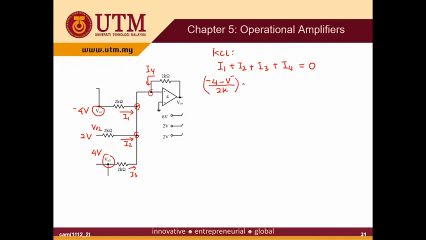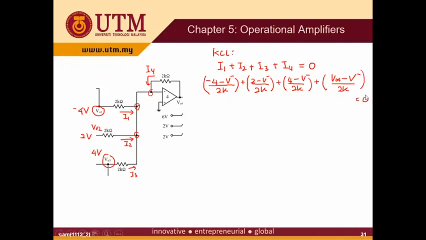This is the I1, and I2 is 2 minus V minus over 2K. I3 is 4 minus V minus over 2k, plus I4 is V out 4 minus V minus over 2k. This is equal to 0.